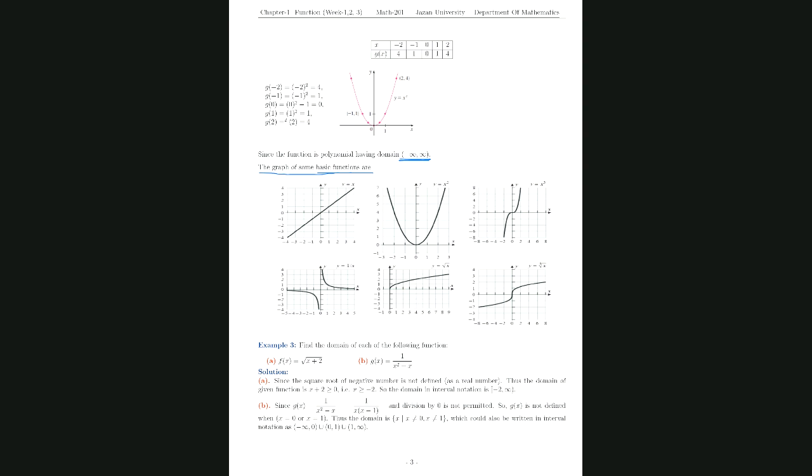Like if you have this function, y is x, meaning y is fx, and fx is x, this is the meaning. Write y is x or write fx is x, it's the same thing. So if the function is y is x or fx is x, then the graph is a straight line.